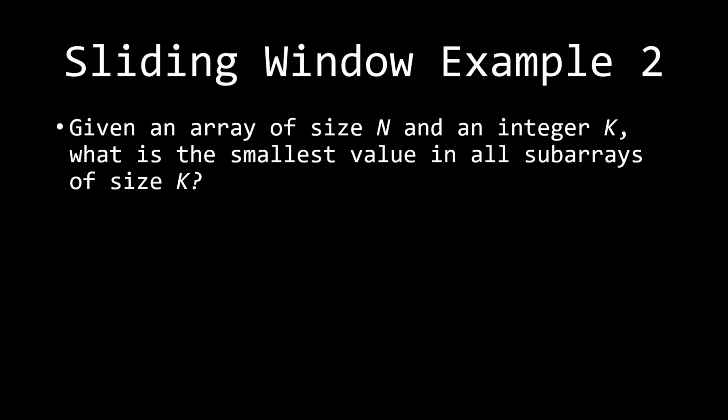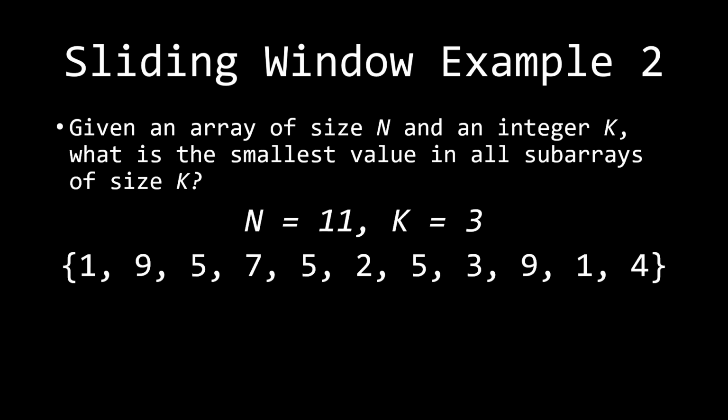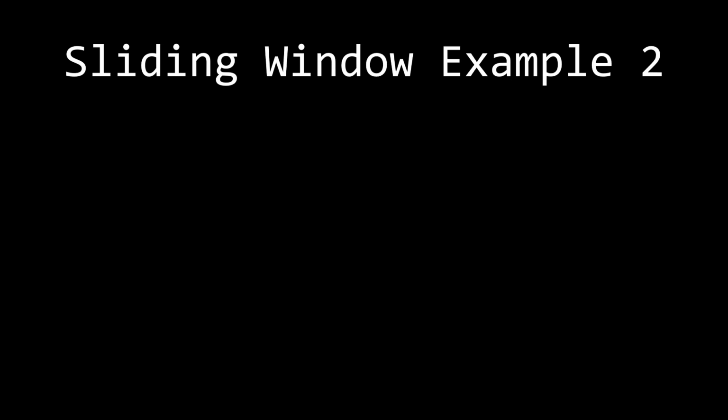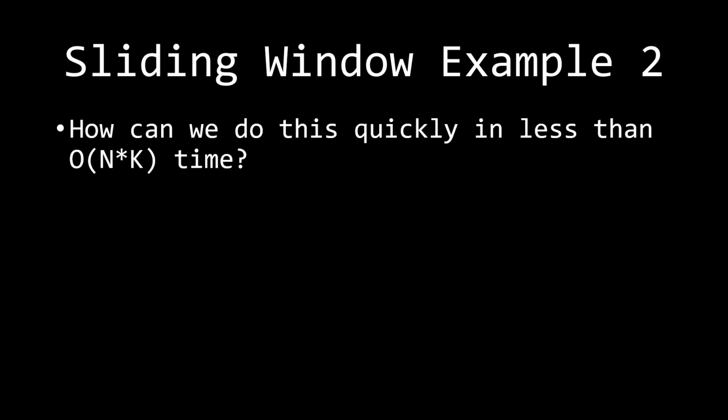So an example of this might be where n is equal to 11 and k is equal to 3. We might have an array that looks something like this. And what we want to do is for each subarray of size 3, what is the minimum element in that subarray? Okay, so let's get some intuition on how we might do this. We're going to ask ourselves, how can we do this quicker than O of n times k time?